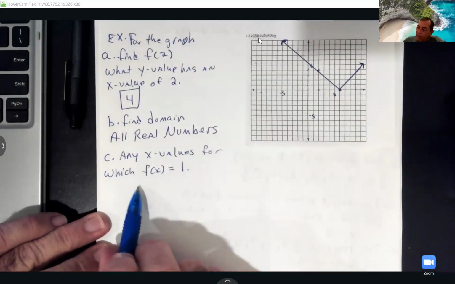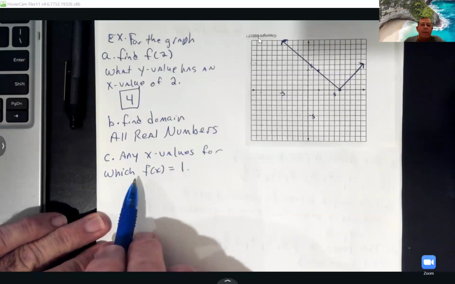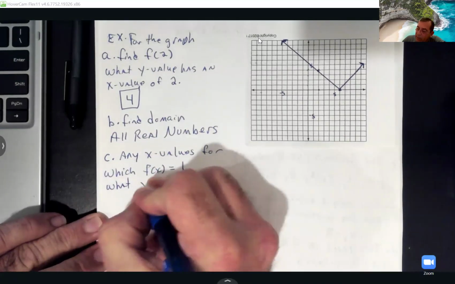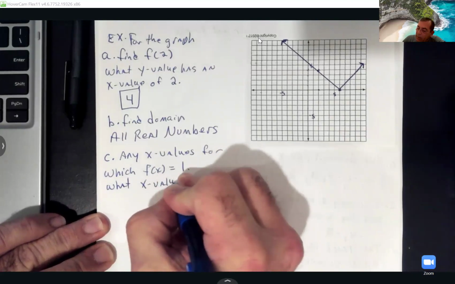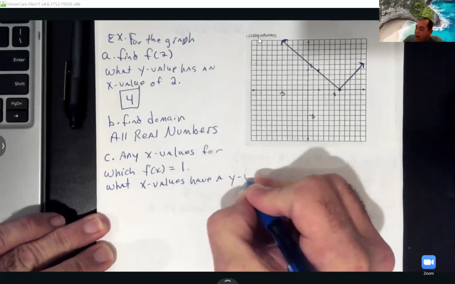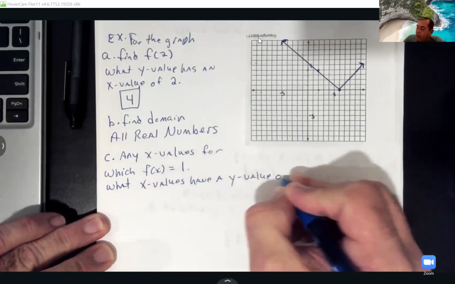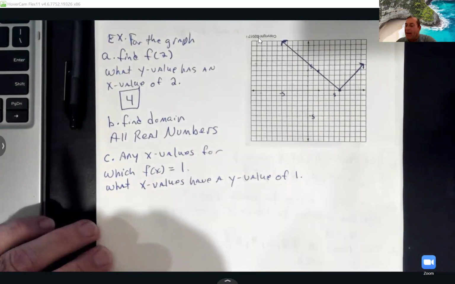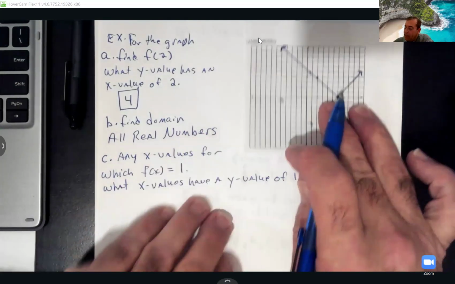So remember, they basically want to know what x values have a y value of 1. So that means we got to find 1 on the y-axis.